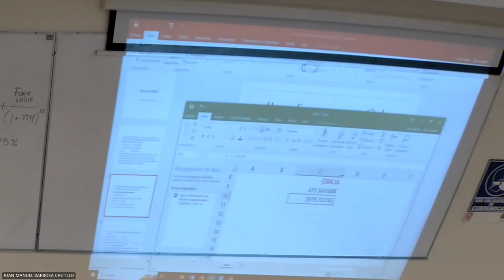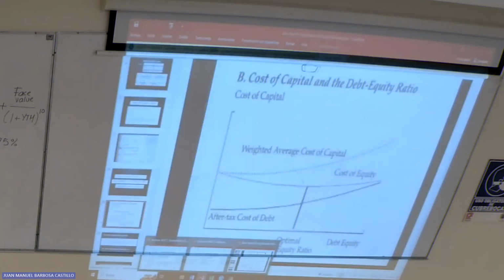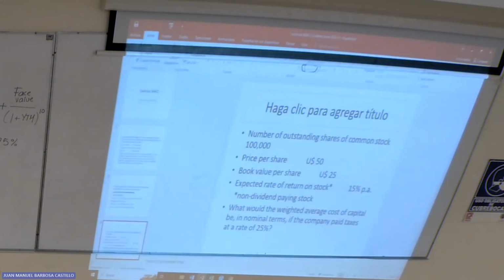Now, what do we do with the equity? Yes? The different result I got with the price was because the face value I discounted with the annual rate. Why is that incorrect? If you use 4% per semester in the first term and then 8% for this one, you are using different rates.